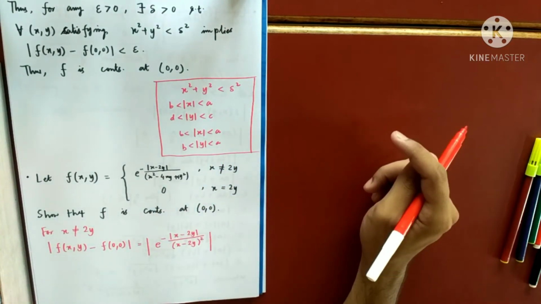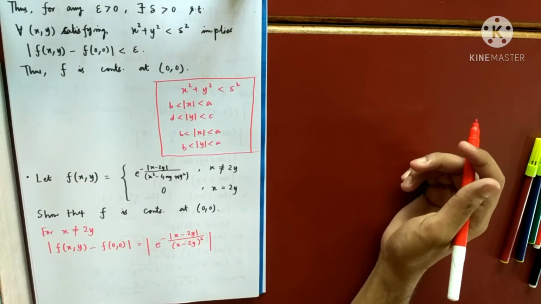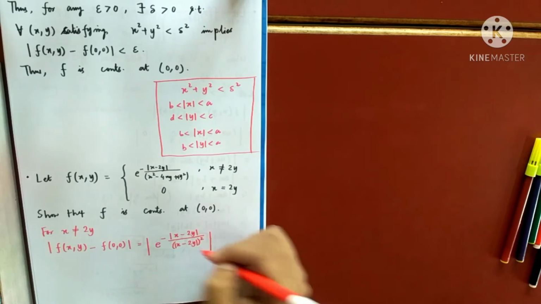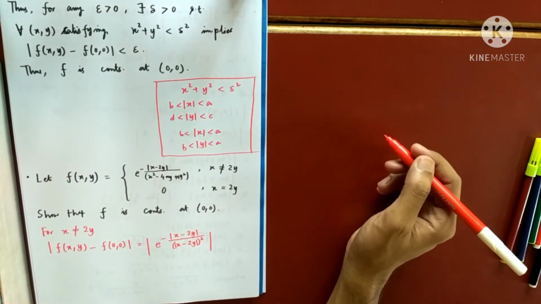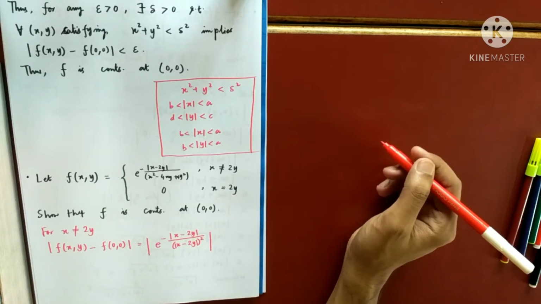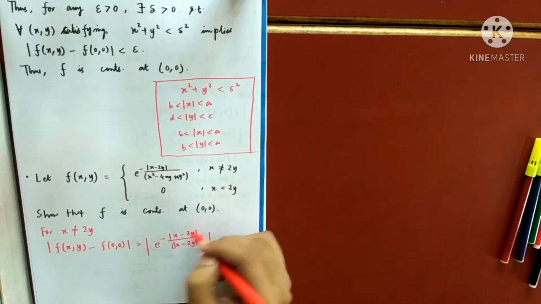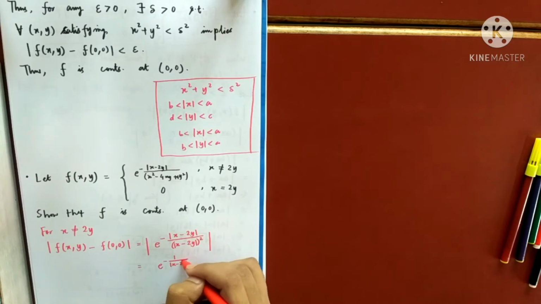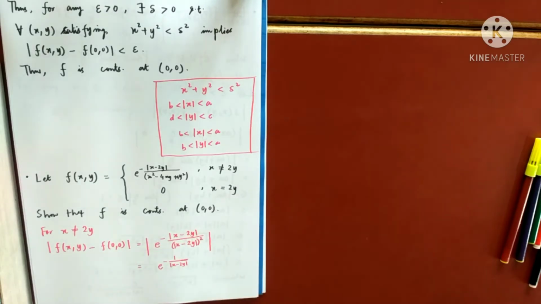Now I'll write mod without any hesitation, that will not hamper, because (a minus b) whole square is the same as mod of (a minus b) whole square. So you see, one of these quantities will cancel. I'll remain with e to the power minus 1 by mod of (x minus 2y). And exponential always gives you positive values, because e to the power any number is always positive, it cannot be negative, so no need to give this mod. If you have any doubts up to here, please ask.